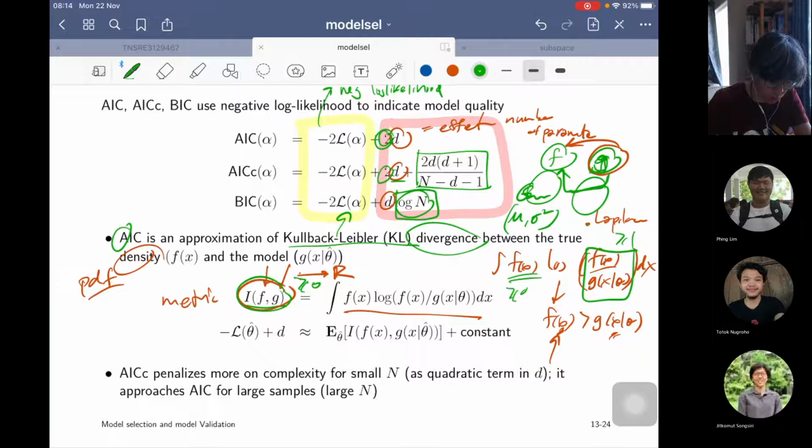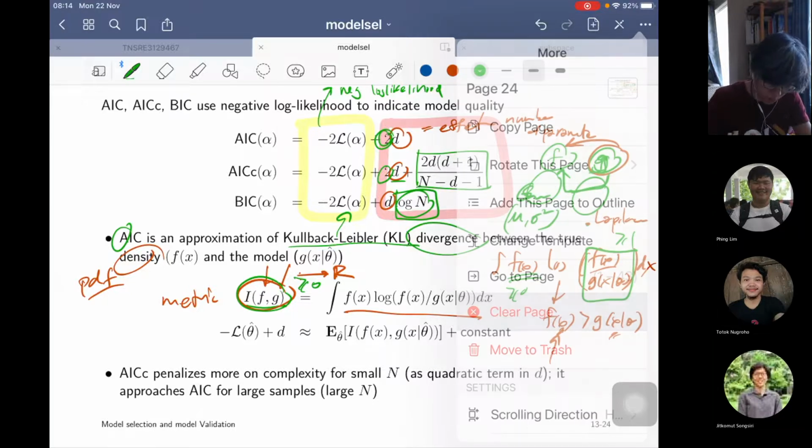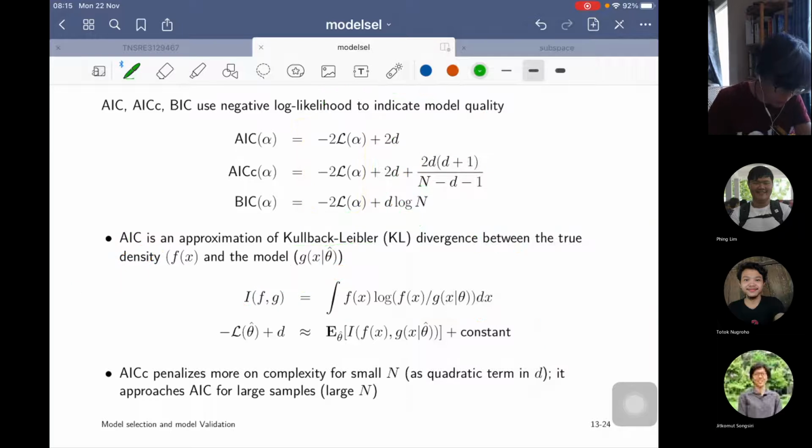KL divergence is also used a lot in communication and other fields. So what does it have to do with the AIC score? When you have a model g(x, theta hat), theta hat is the value of the model parameter you estimated.